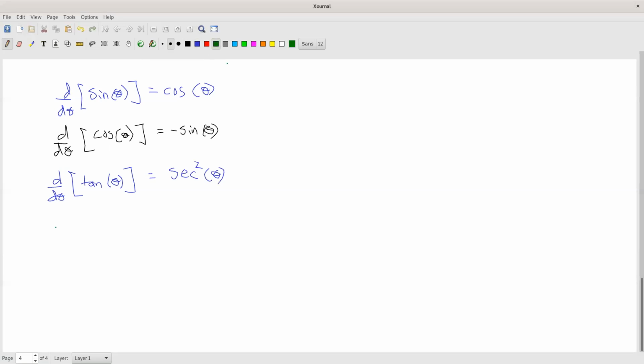And then, although I didn't show it, I'm just going to state it, the derivative of the cotangent, which can be calculated in a similar way that we did the tangent, is equal to the negative cosecant squared theta.